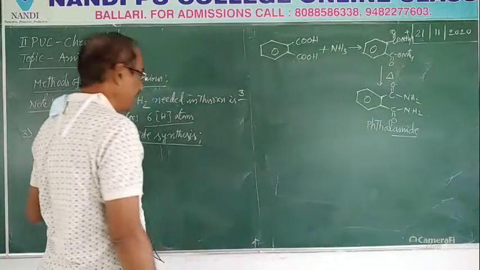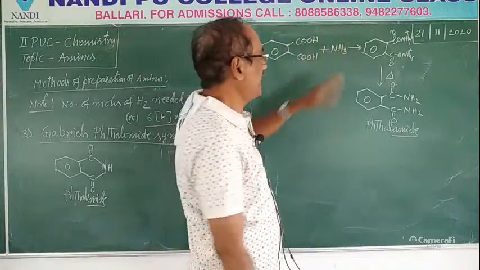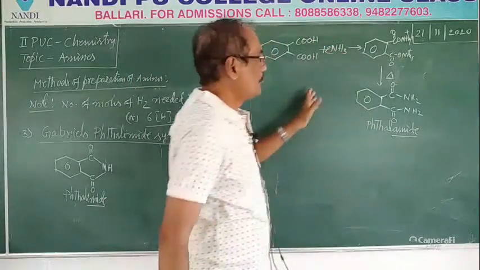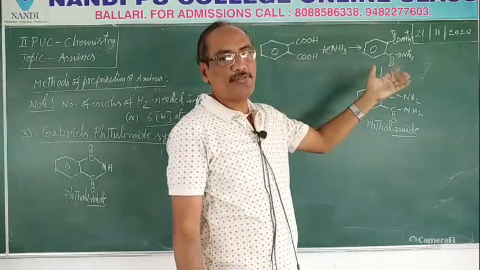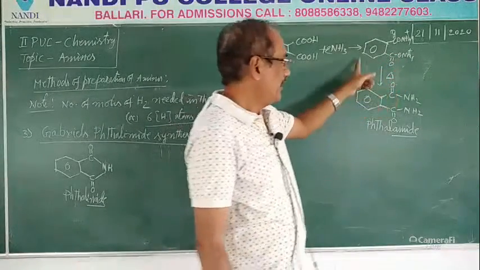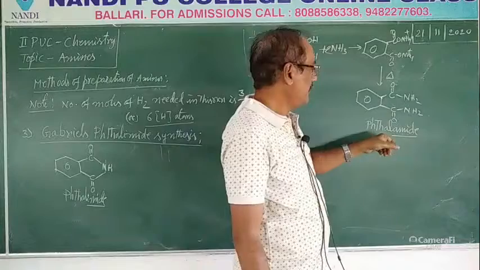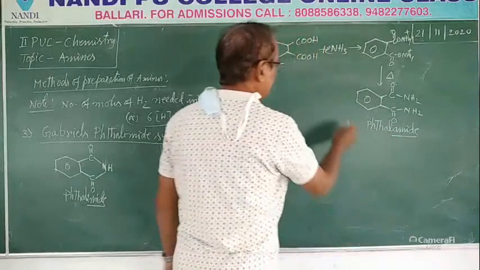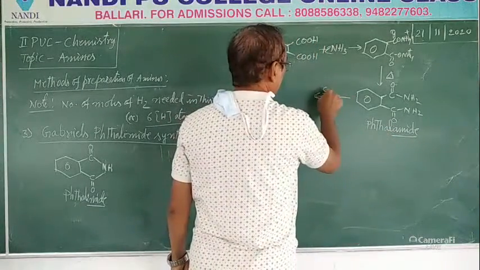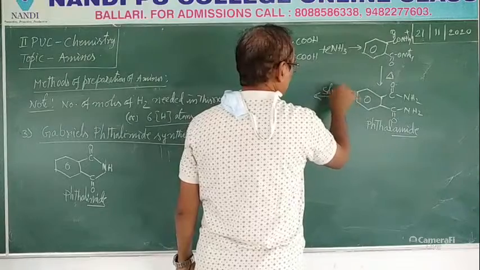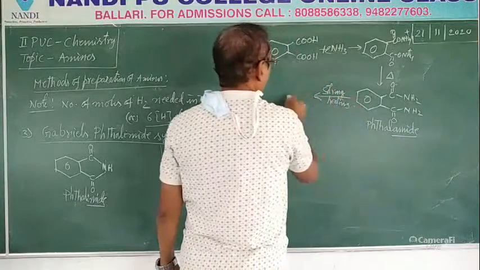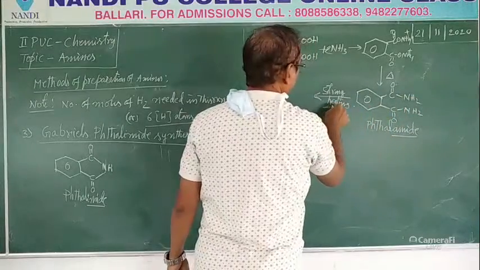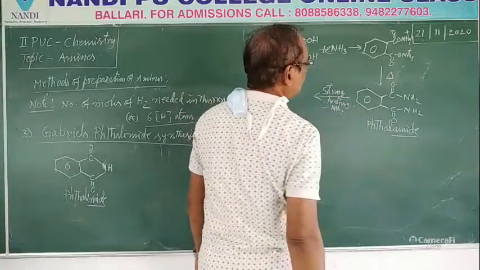That means phthalic acid is treated with ammonia so that it gives the ammonium salt of phthalic acid, which is ammonium phthalate. Ammonium phthalate on heating gives phthalamide. This phthalamide on strong heating expels NH3, minus NH3, ammonia is expelled.